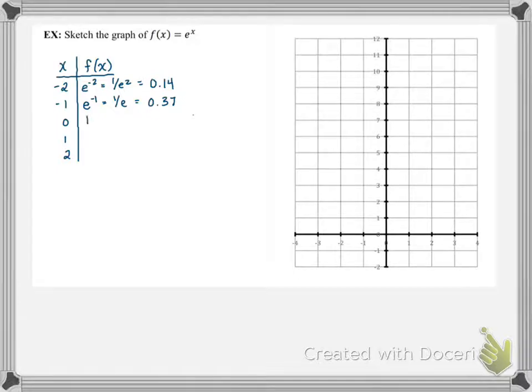Good. And then e to the first is approximately 2.72. And e squared is approximately 7.39. Okay, so let's plot those points.